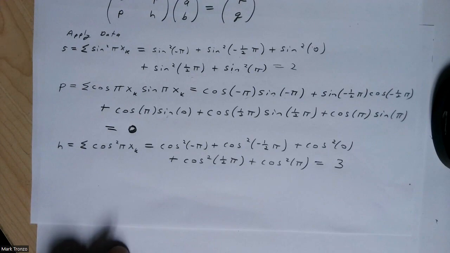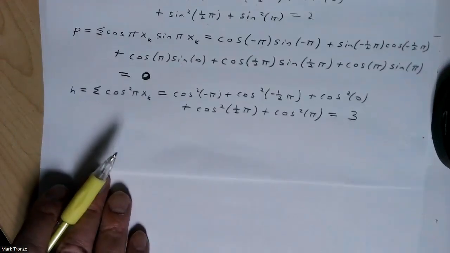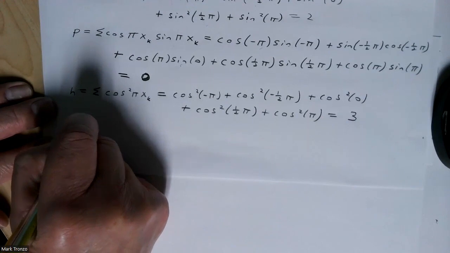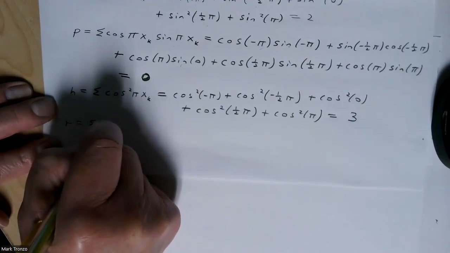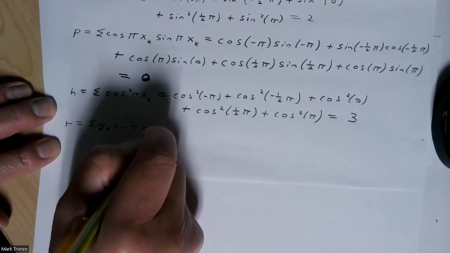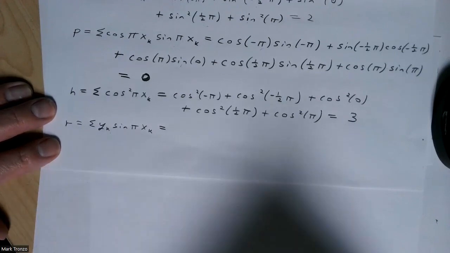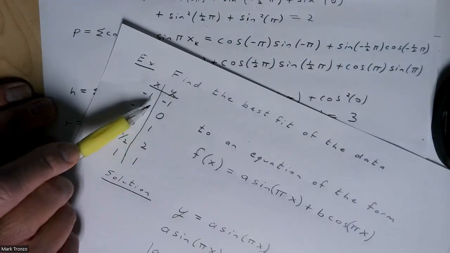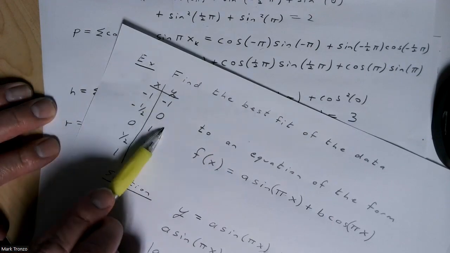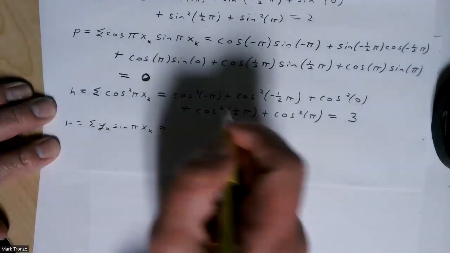And then we still have a couple more to do. We have r over here. Now notice this time r involves both y and x. So we're going to have to use our y values too. Remember this pair, then this pair, this pair, this pair. So you stick all those in.